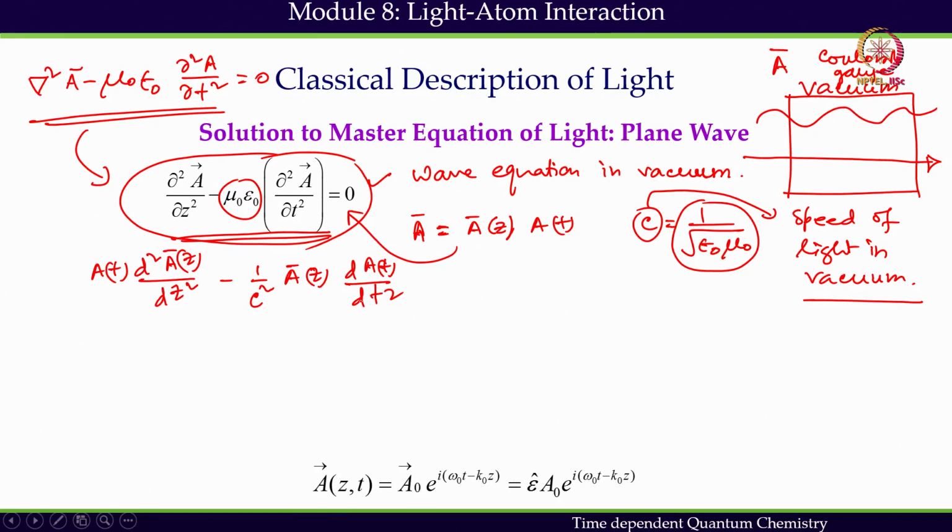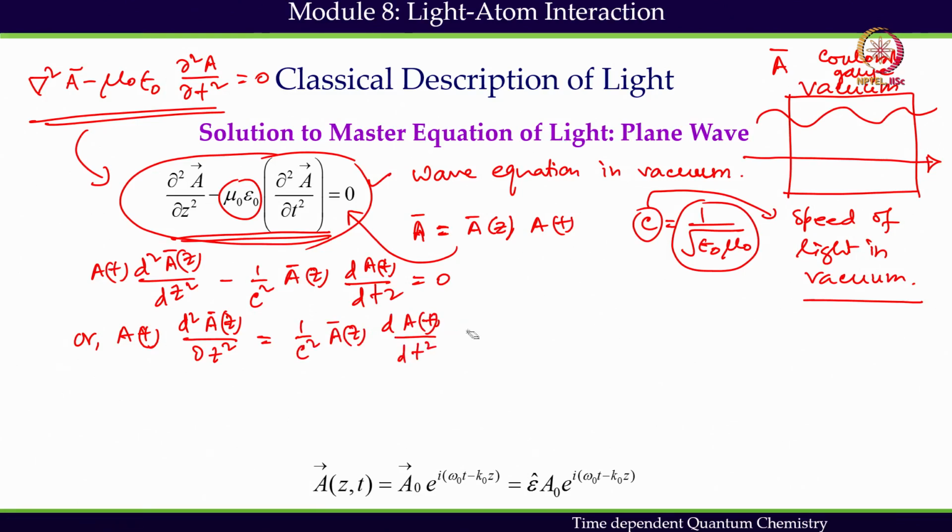This is going to be a total derivative, and this equals 0, or I can write down the time part, then equals 1 by c square, this is not a partial derivative, these are equal.